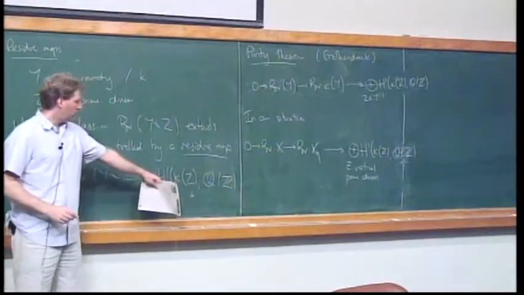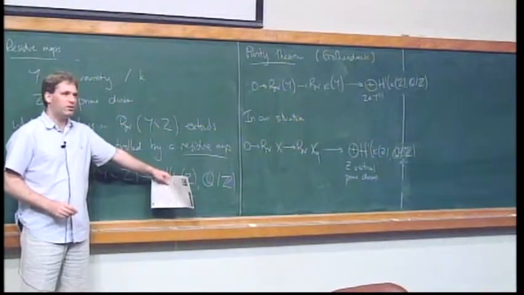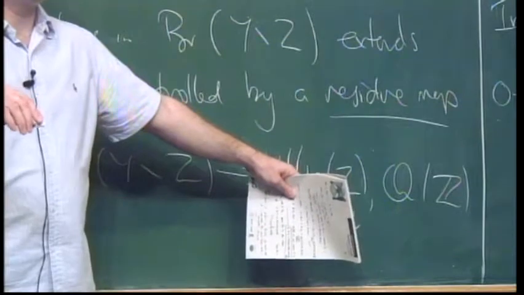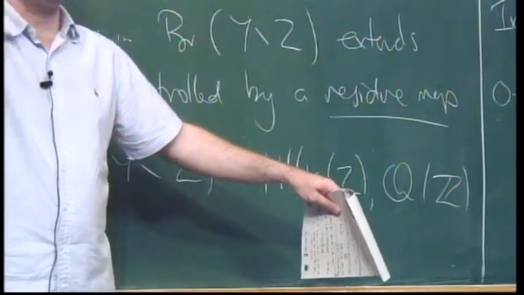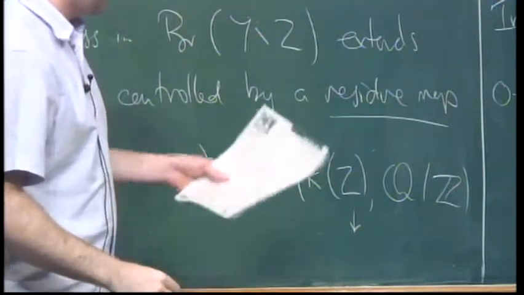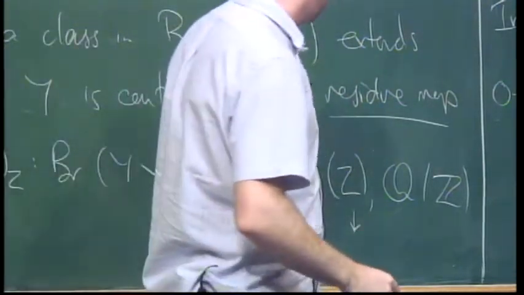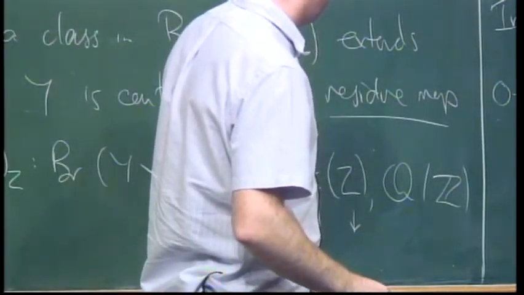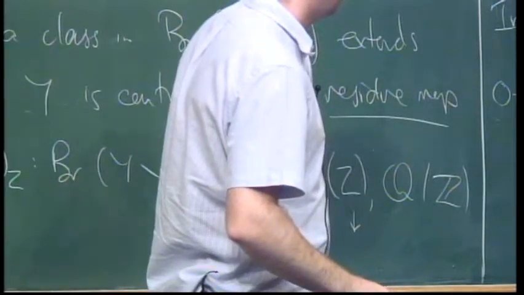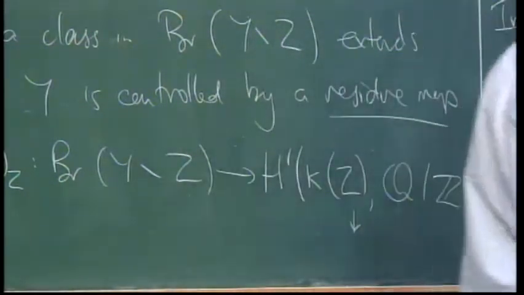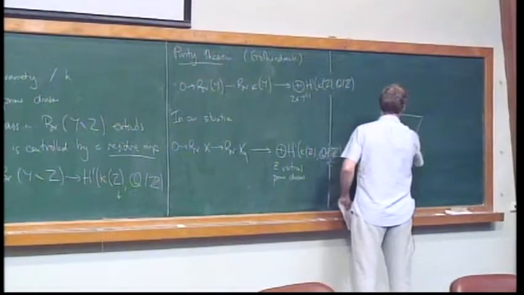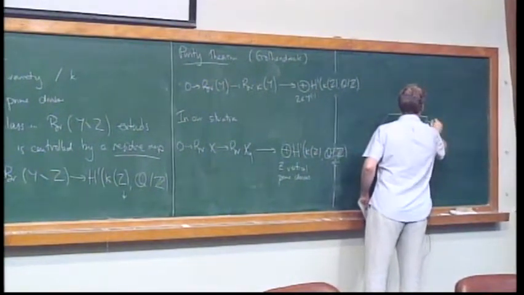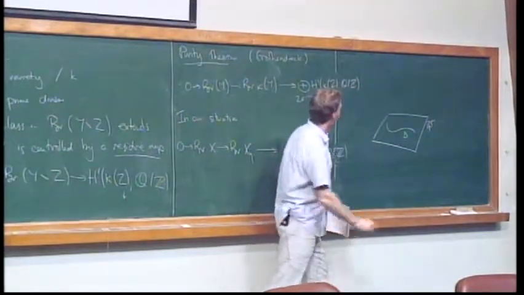I can go from this, so Z is my prime divisor. I can go up to Z base change to the algebraic closure of... what do I want to say? Okay, here's P^m. Here's a divisor in P^m.